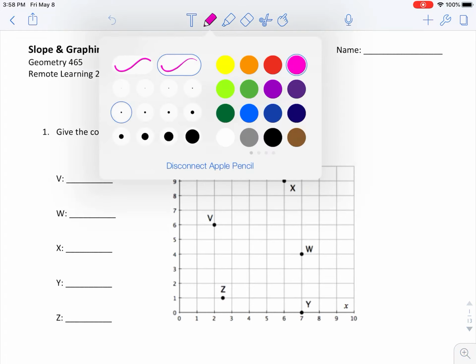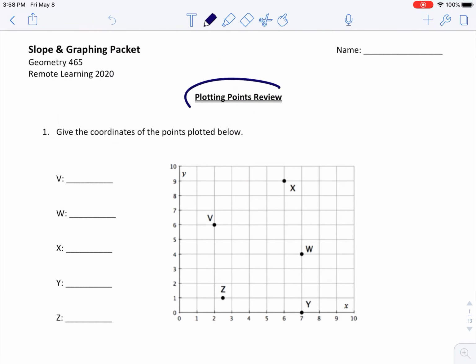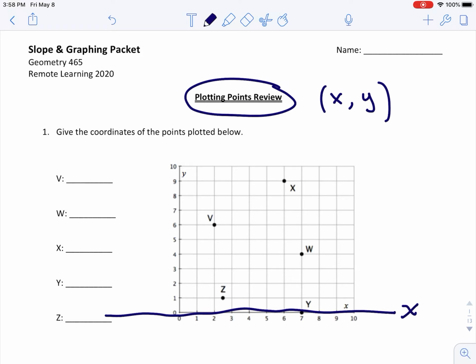And so let's remember when we're graphing and plotting points, right? One of the most important things to remember is that it's always the x coordinate first and then the y coordinate, right? And if we're looking at our grid, remember the one across here going horizontal, that's always our x coordinate or x-axis, and our vertical one is always y.